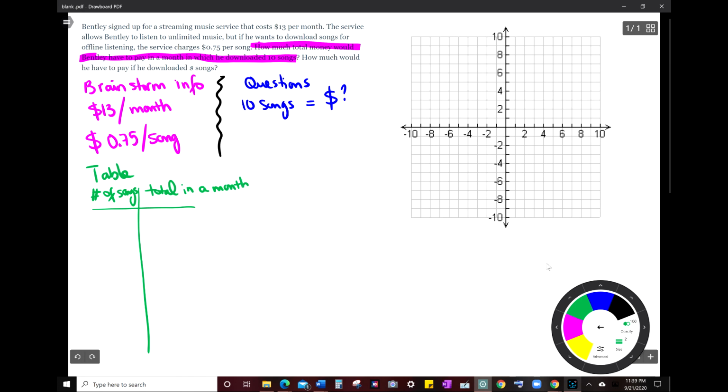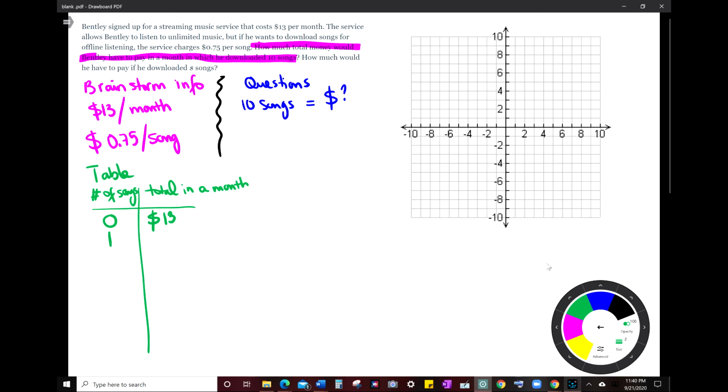So let's start with 0 songs. If he doesn't download any song, then how much does he have to pay? Yes, $13 per month, no matter what. So the $13 per month is still there. And then if he downloads 1 song, 1 song costs him 75 cents.